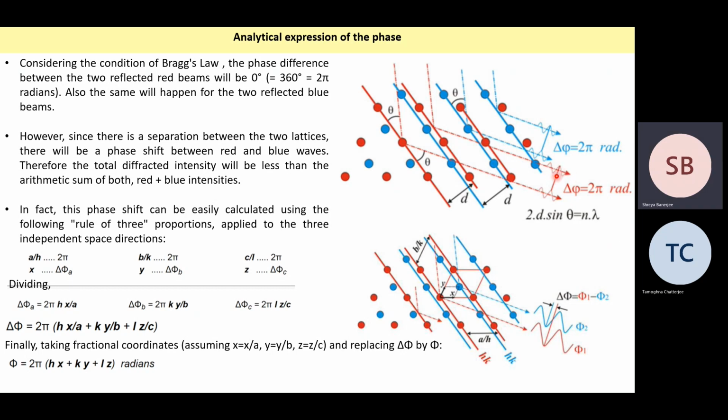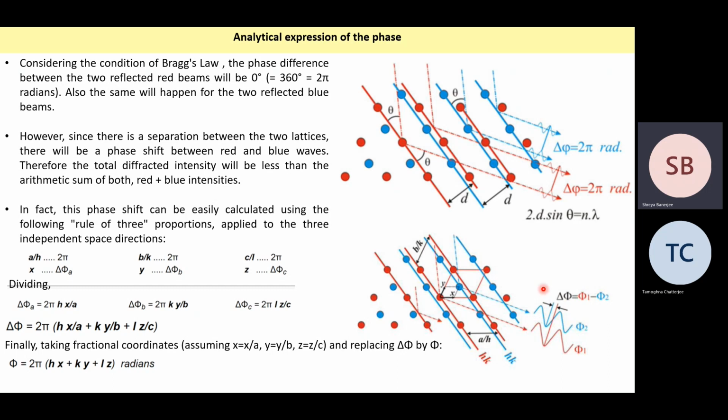However, between the red diffracted ray and the blue diffracted ray, there is a certain horizontal shift. You can see here that the peak of the red wave does not exactly correspond to the peak of the blue wave. There is a certain horizontal difference in phase, and you define that as delta phi.